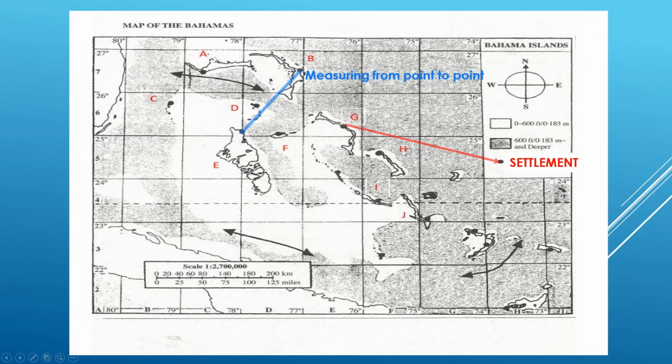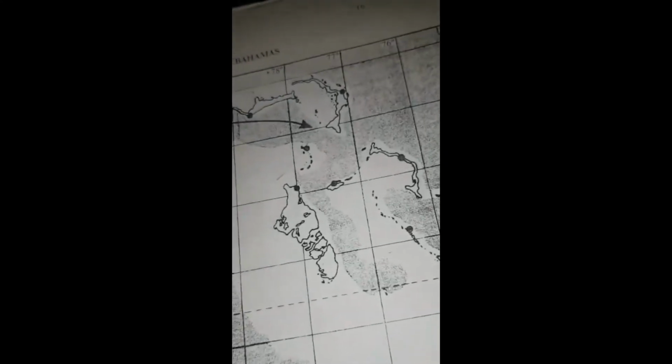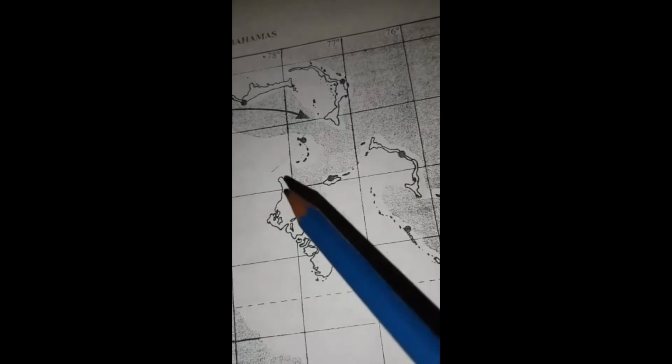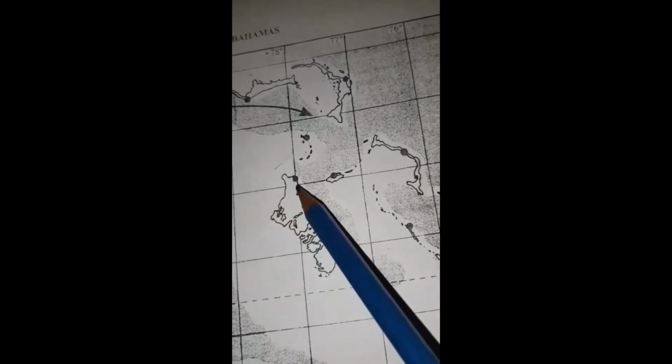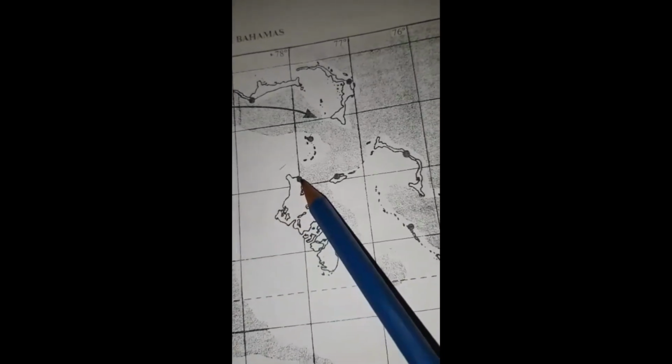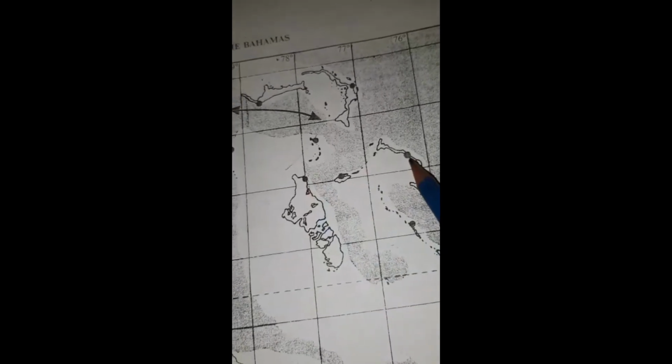Pay close attention. Okay, so we want to measure the distance from one point to the next. This here is in Andros, this here is Nicholstown, and this here is Governor's Harbor.